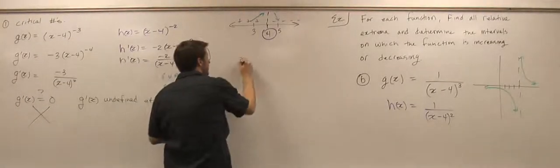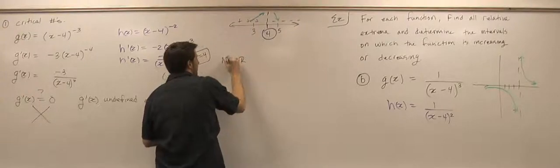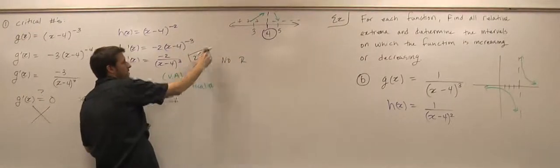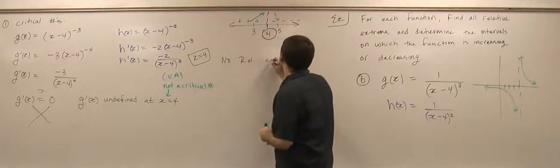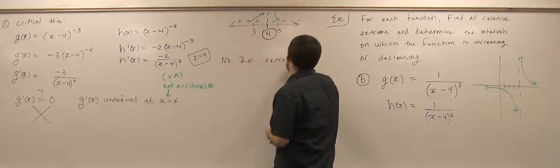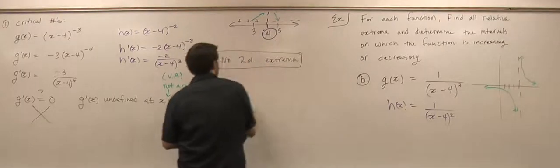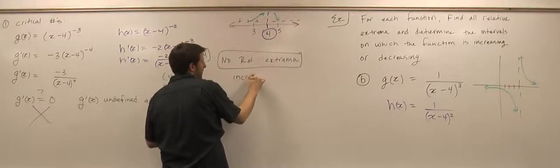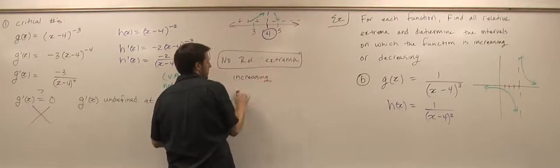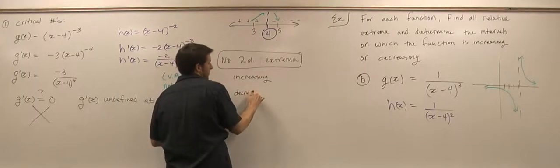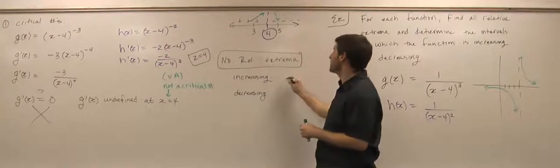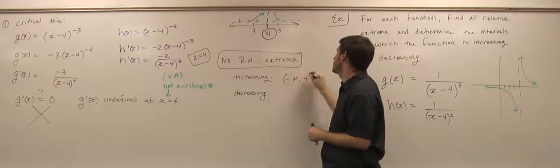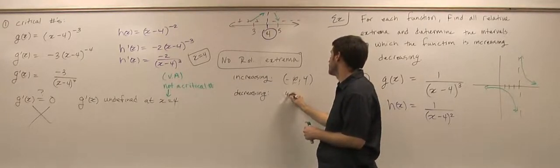So there's still no relative max or min, because our only possibility was an asymptote. And then we have increasing and decreasing intervals. Increasing negative infinity to 4, decreasing 4 to infinity.